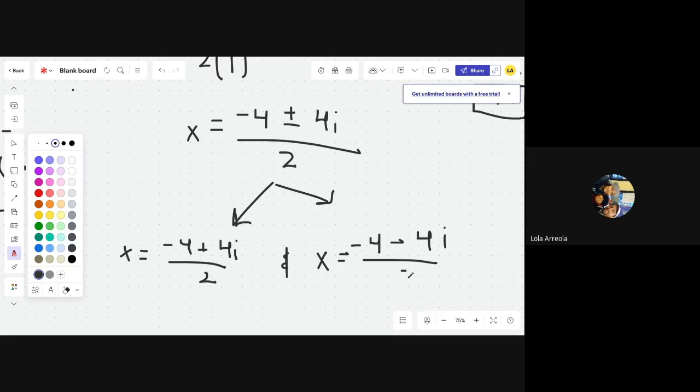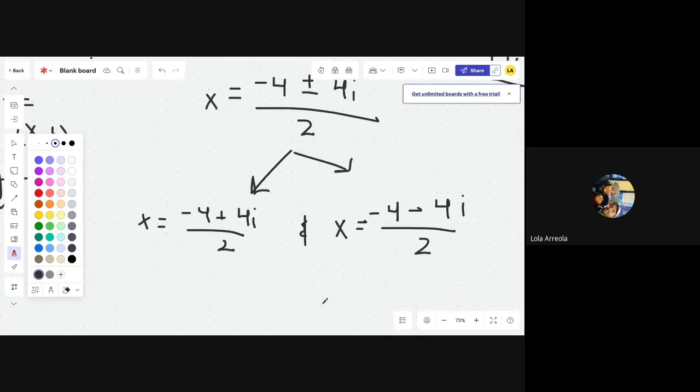So notice I do have two solutions for x, and both solutions are complex. Why are they complex? Because I have an i value. Okay, this could technically be simplified even further, but we don't really need to worry about that. If you got up to here, that's perfectly okay.